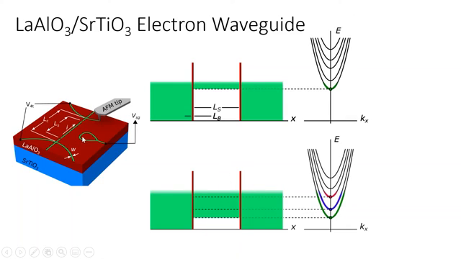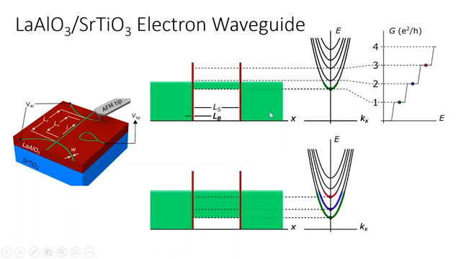We've changed the chemical potential and put more electrons in the quantum wire, and now there are 3 occupied subbands, and so the conductance here would be given by 3 e squared over h. And so we expect that as we change this gate voltage, we change the chemical potential energy, we would see steps in the conductance, with the plateaus being given by integer values of the conductance quantum.